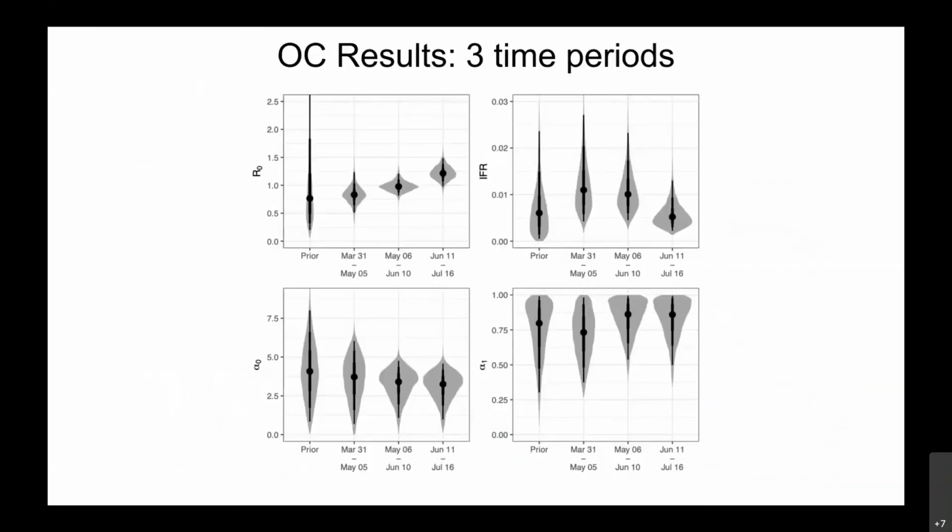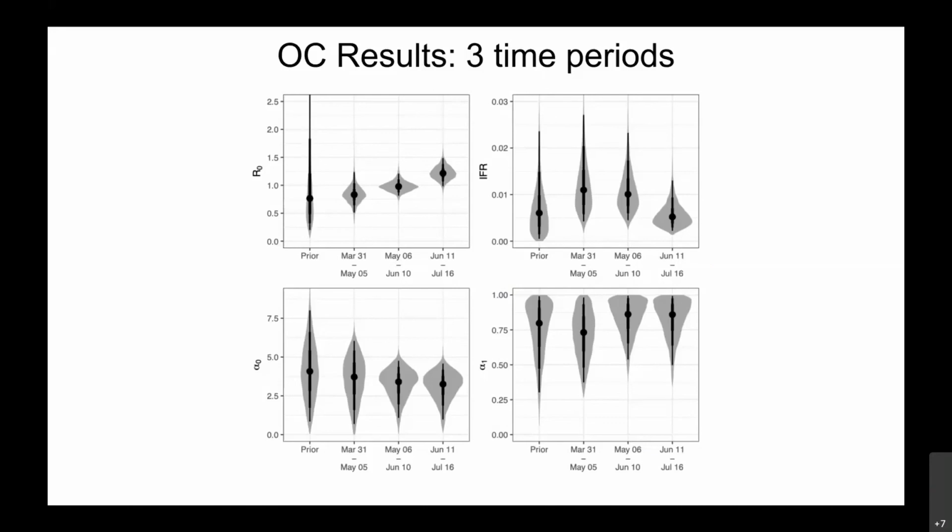So just a few results. We applied this model to three separate periods independently of one another for Orange County, so March 31st through early May, early May through early June, and early June through early July. And then the model was homogeneous within each of those time intervals.